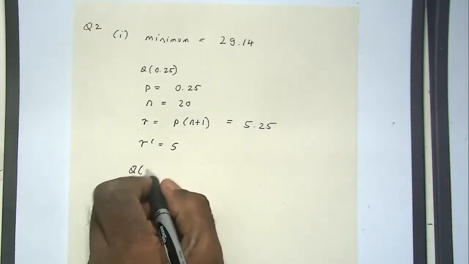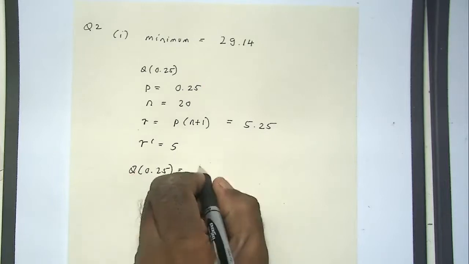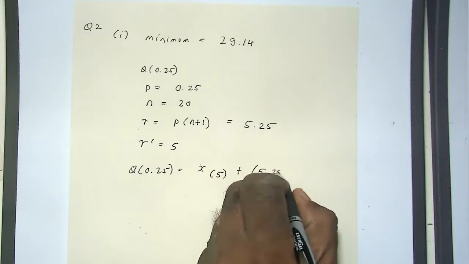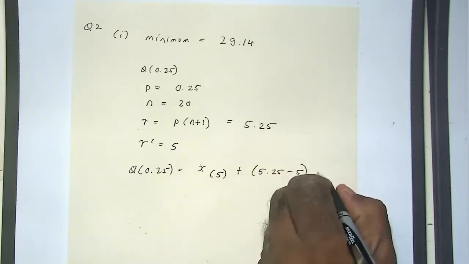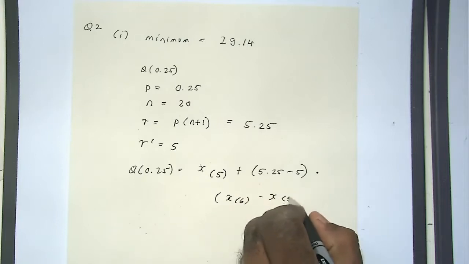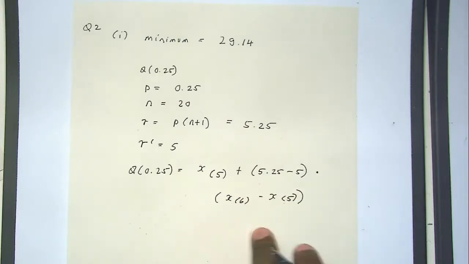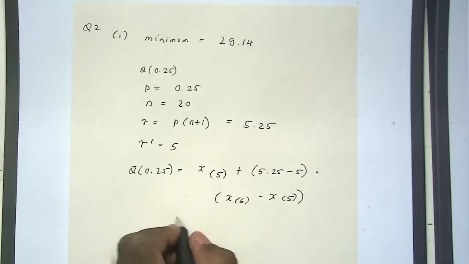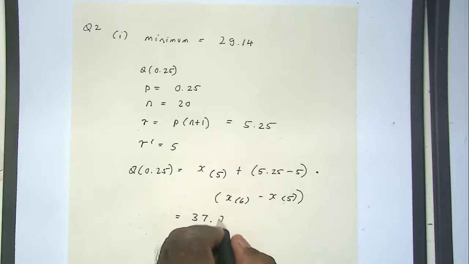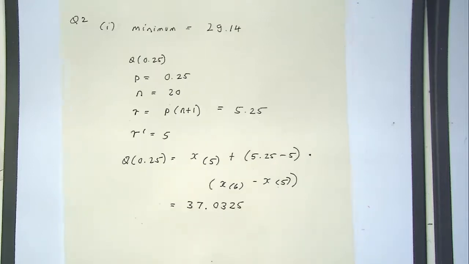So Q at 0.25 will be X 5 plus 0.25 multiplied by X 6 minus X 5. Remember this formula, for quiz 3. If you use this formula, guys, you will get 37.0325. This is what you got, guys.